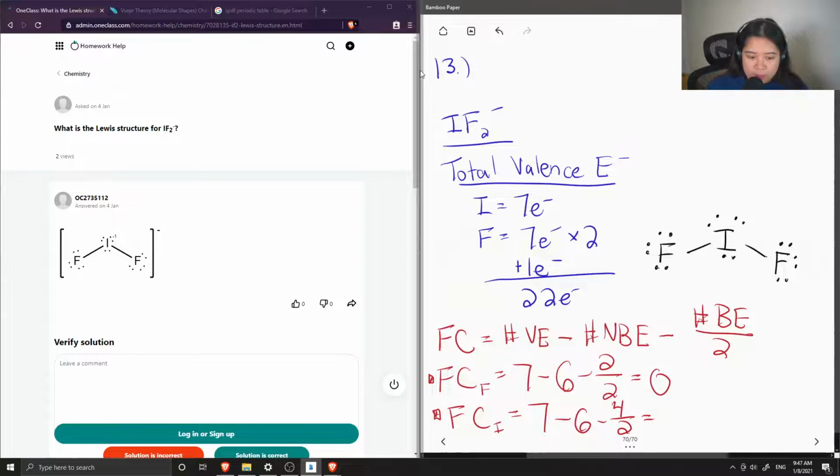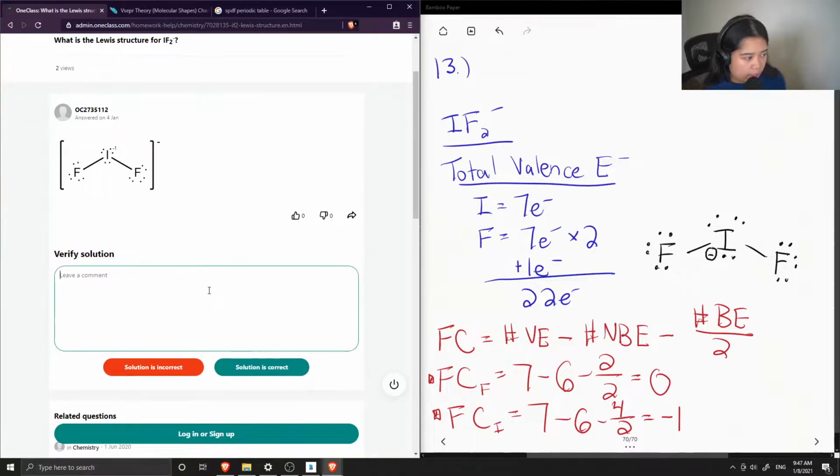So 7 minus 6 minus 2 is negative 1. Therefore the negative charge is shown on the iodine. Let's see what the junior tutor said. They got the same answer, so this solution is correct.